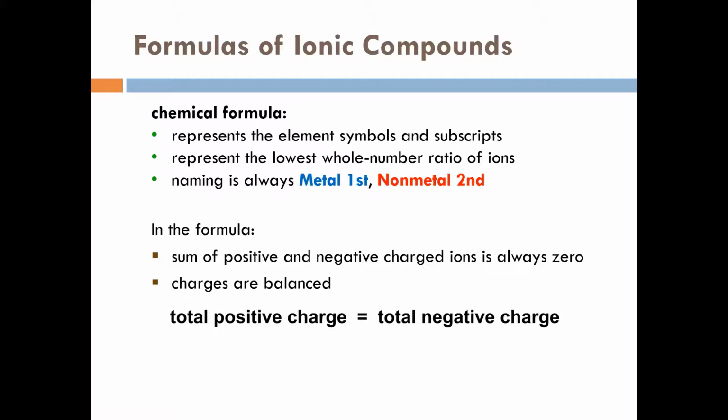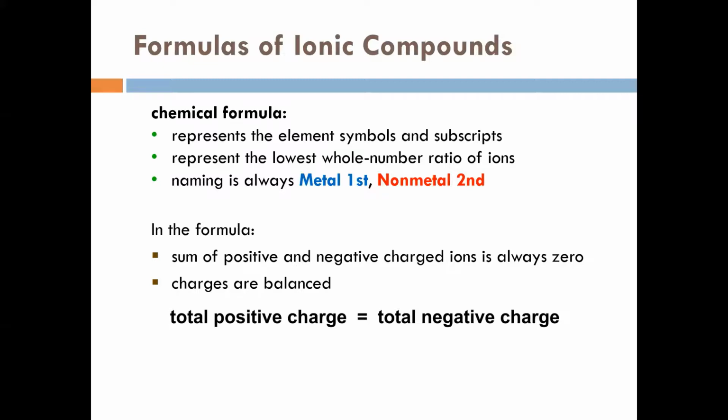So say I wanted to do magnesium sulfide. I have magnesium, which is in group 2, and sulfur, which is in group 6. Magnesium has a +2 charge, sulfur has a -2 charge. Now, if we add them together, +2 -2 is neutral, and we want our whole overall compound to be neutral because all compounds are neutral and always have a 0 charge.